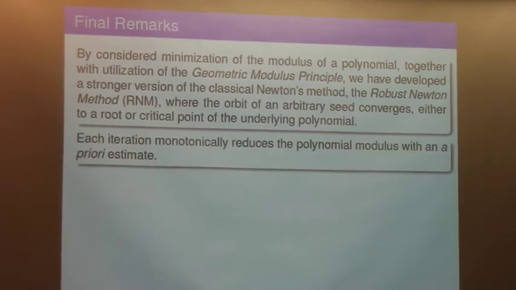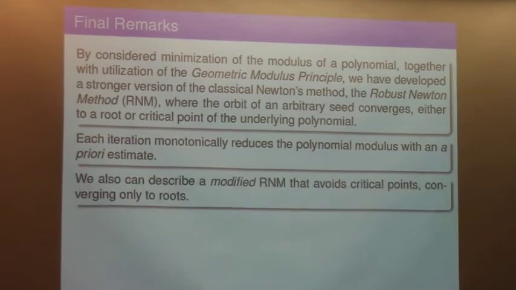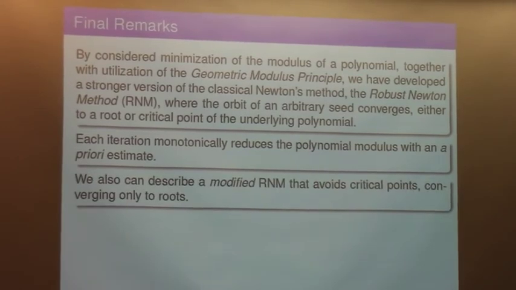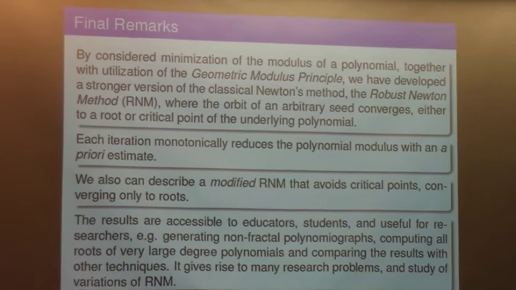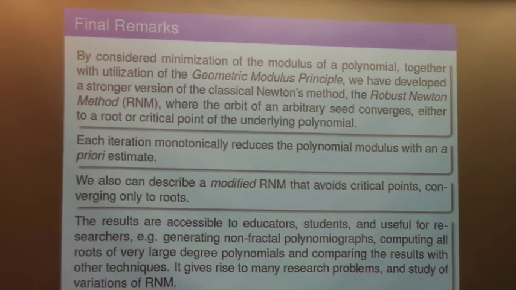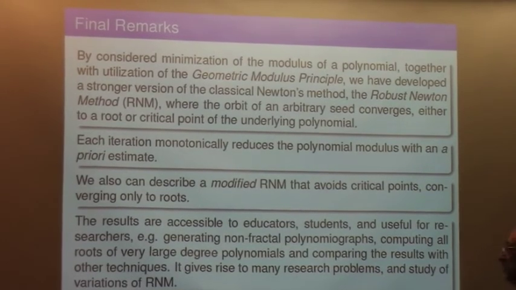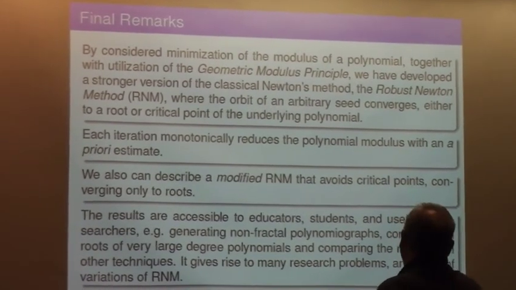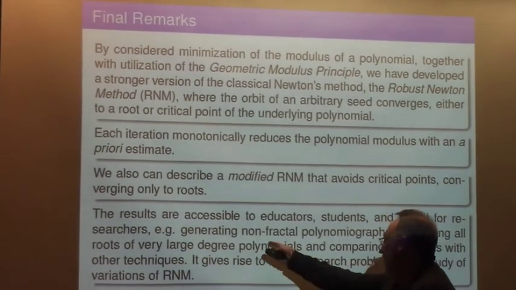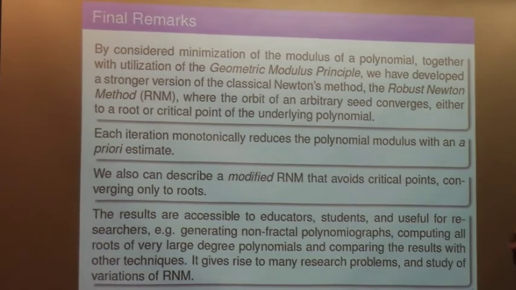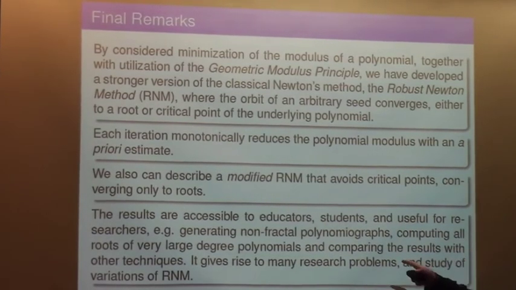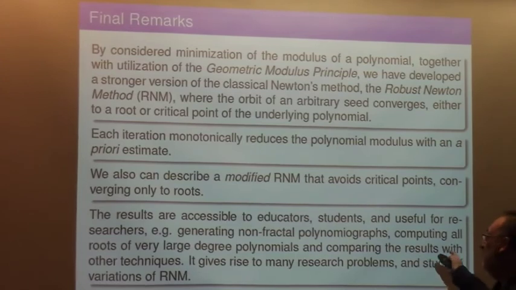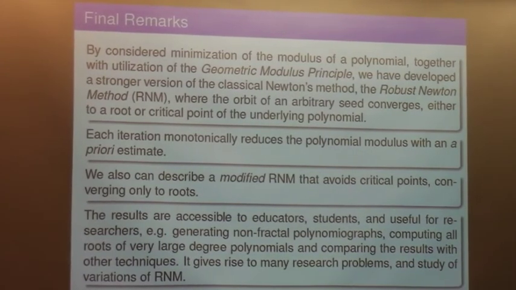Each iteration monotonically decreases the modulus. We can also describe a modified version that converges only to roots. The results really are accessible to educators and students, and useful for researchers: generating non-fractal polynomial graphs, computing all roots, and comparing the results with other techniques.